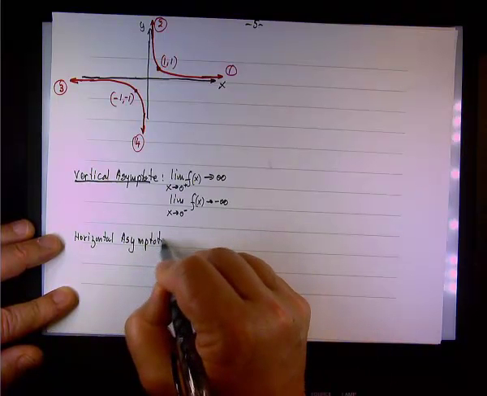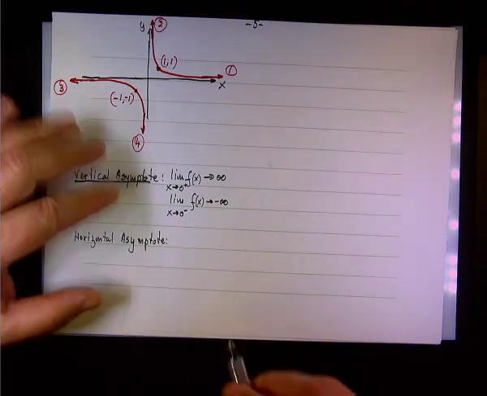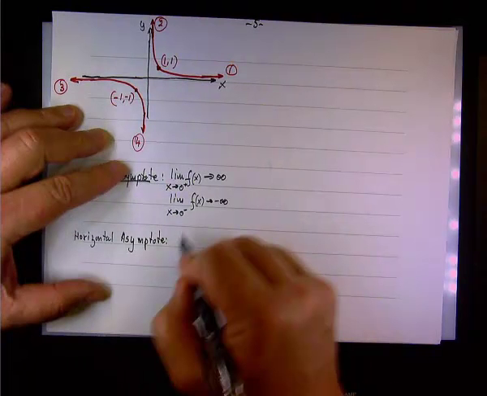It's the same line, but it's two one-sided asymptotes as we go from the right and we go from the left. Likewise, we can talk about horizontal asymptote. In this case, the horizontal asymptote will be the line, the x-axis, or y equals 0.